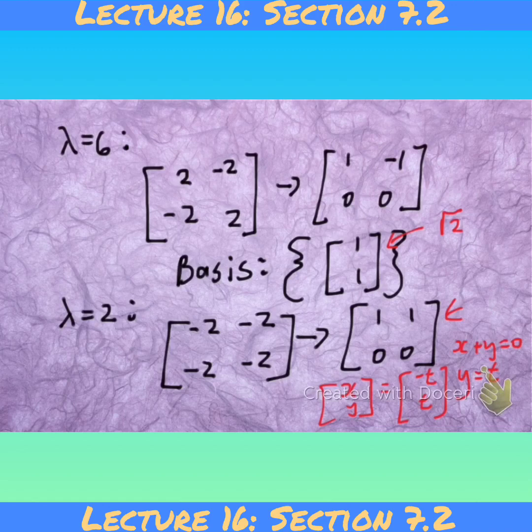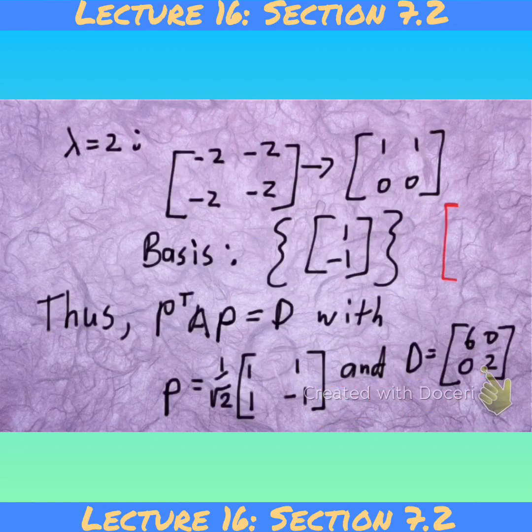So we just need to change them to have norm 1. The first column vector, which we're going to let this vector be, I need to normalize, so I divide it by the square root of 2, which is its norm.